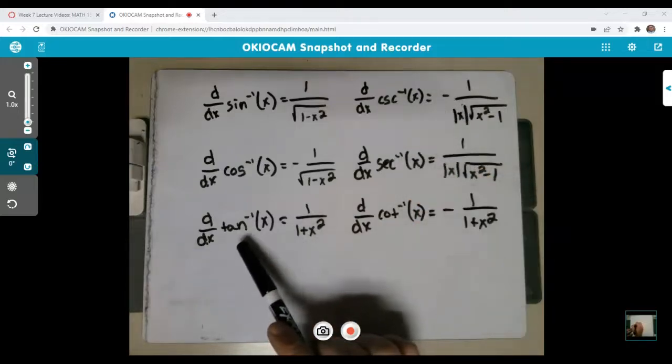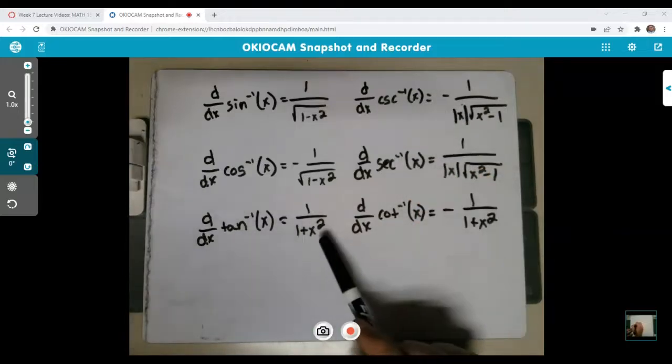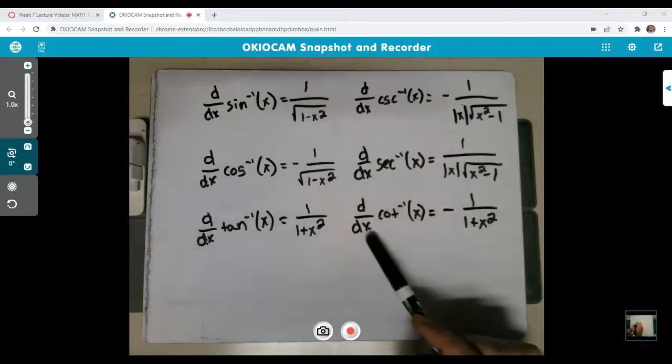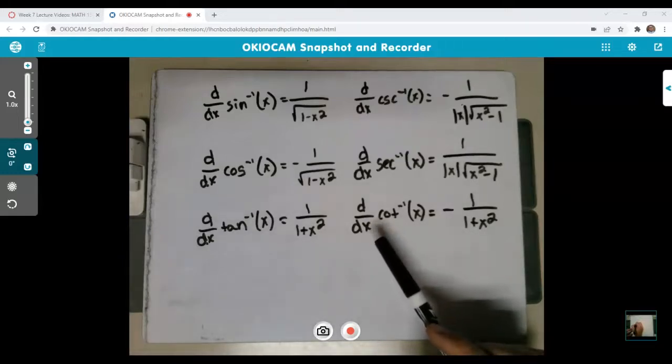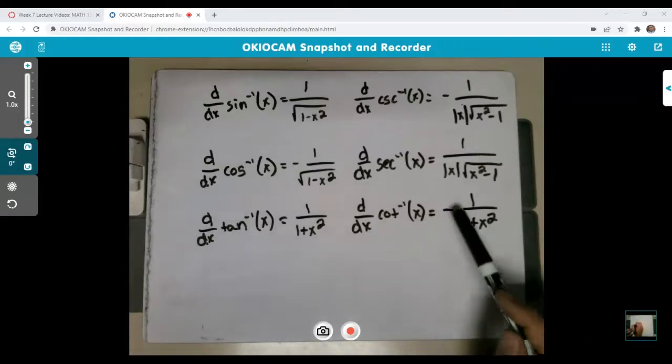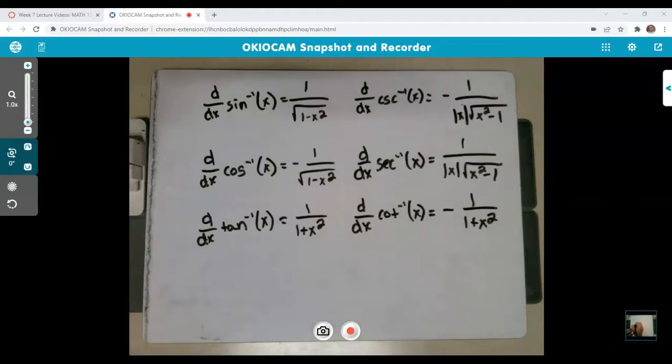And then the same thing here, tangent, I get that, cotangent is the same thing, but with my sign changed. So that might be a helpful way to remember these. All right, so let's use these formulas to find some derivatives.